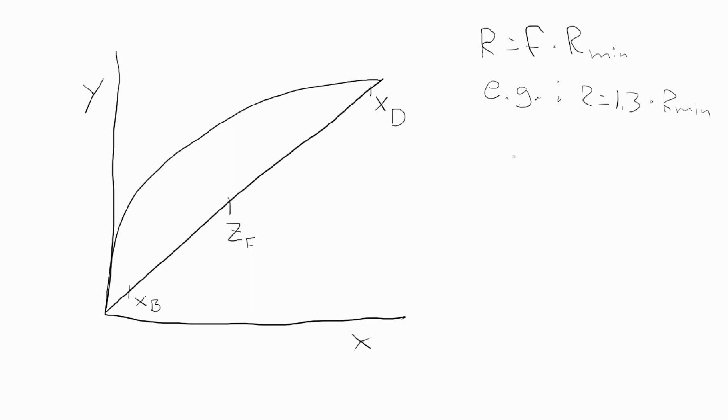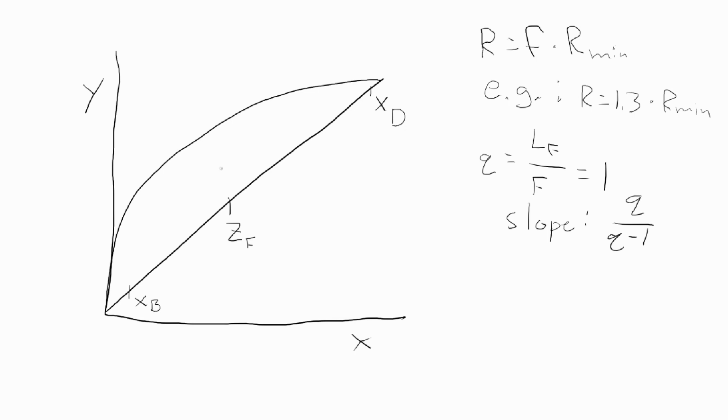Okay, so the first thing that we have to do is draw on that Q line. So let's say that our feed is going to be a saturated liquid, which means that Q, which is equal to LF over F, is 1 because it's all liquid. This implies that the slope of the Q line, which is Q over Q minus 1, is going to be infinite.